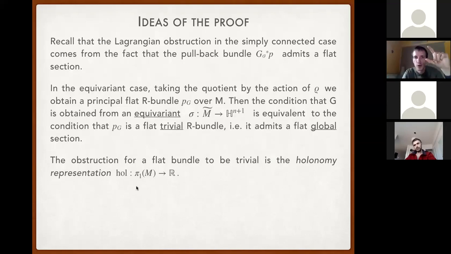And the holonomy measures exactly how much you moved in the fiber after you perform this loop. And this only depends on the homotopy class of the path, so it's well defined on the π1.